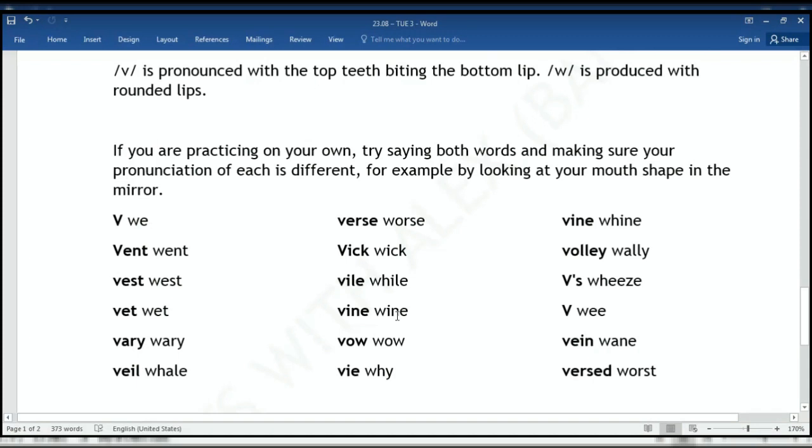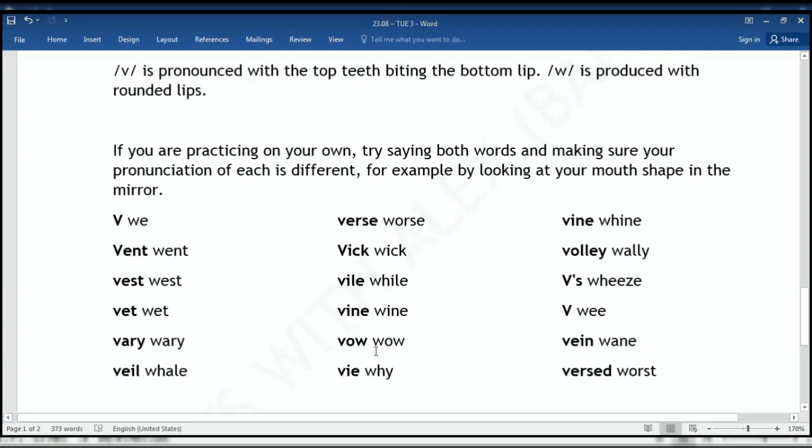We're going to say all of these. I'm going to say one, pause, two, pause. V, we, vent, went, vest, west, vet, wet, very, wary, veil, whale, verse, worse, vick, wick, vile, while, vine, wine, vow, wow.